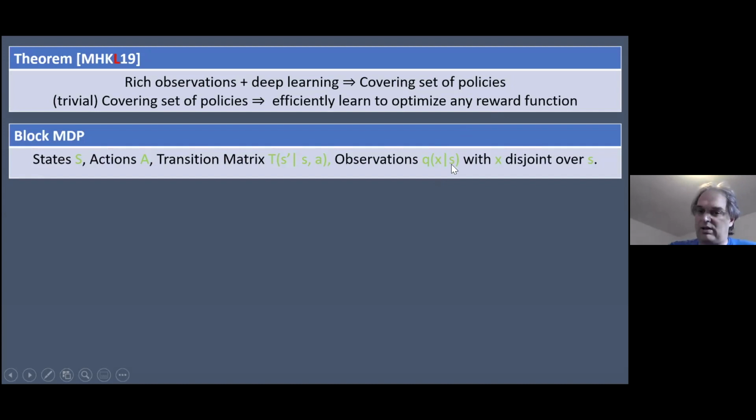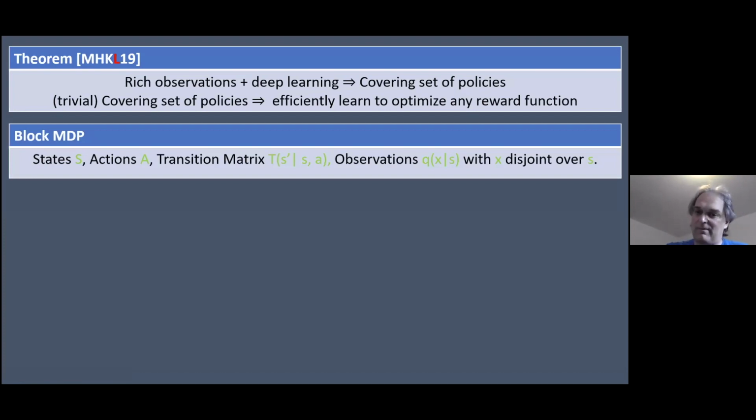And now the key distinction, or the key extra requirement that we're imposing over a POMDP, is that X is disjoint over S. So there exists some function which, given X, can decode the latent state S. So I like to think about images, where an image is sufficiently rich to tell you exactly where it was taken, but you may not know in advance exactly what that decoding process should be.